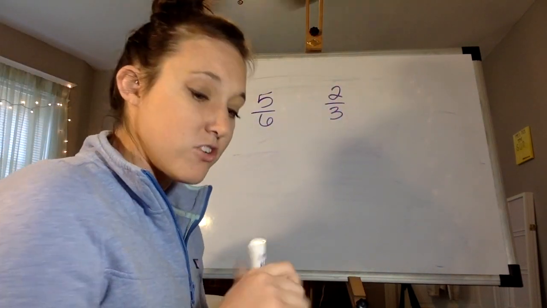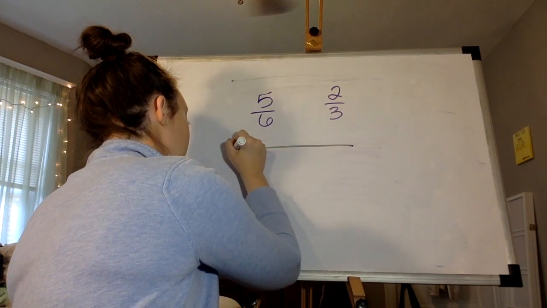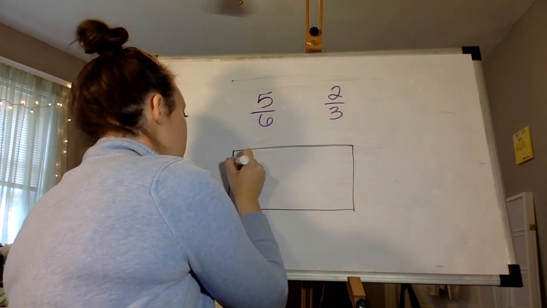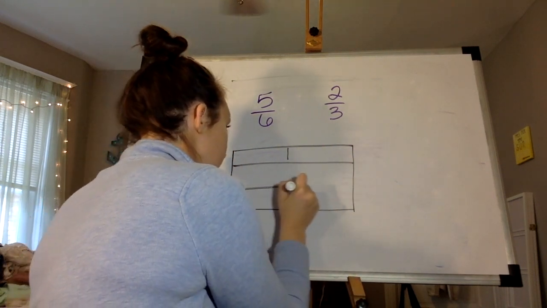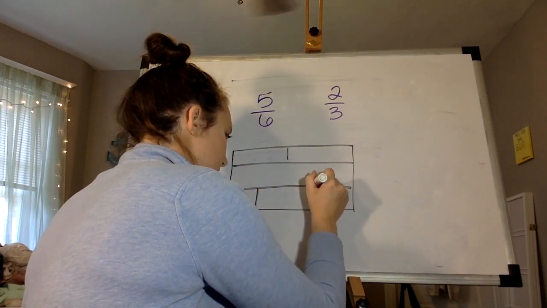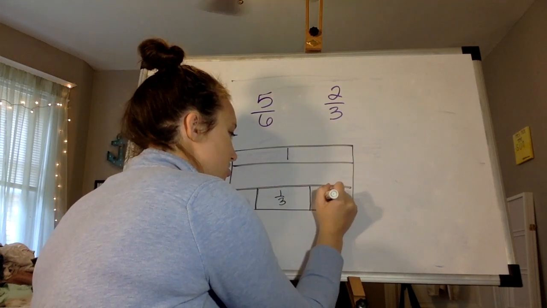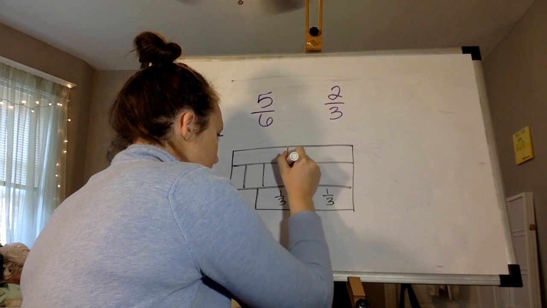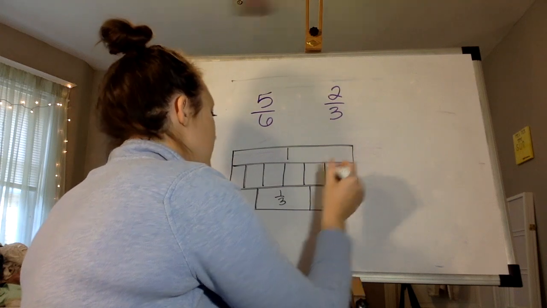All right, so I'm going to draw it and then try to use different colors to kind of match the picture that we are looking at. Okay, so I have one whole, and then my sixths are on top, and I'm going to go ahead and divide my thirds first. So I've got my thirds, because these are my fraction strips. 1/6, 2/6, 3/6, 4/6, and 6/6.